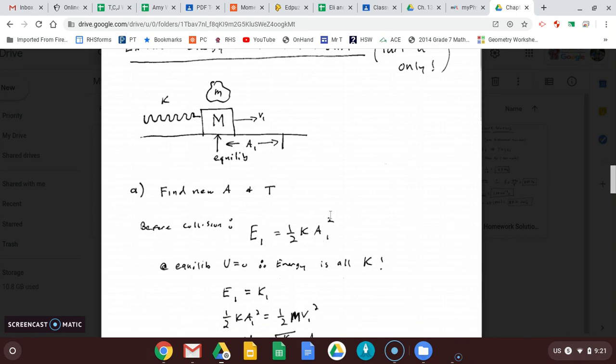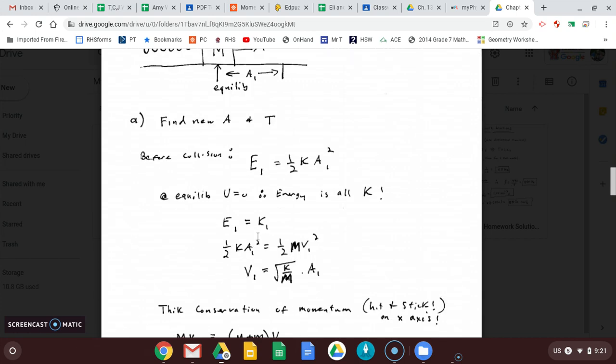And we know we're at the equilibrium position. Therefore, as I said earlier, the potential energy is 0, and that means the energy is all kinetic. So the total energy, which can be at any moment always described by that, is equal to just K before the collision, which I'll define as K sub 1. Okay? So I could set those two things equal, and that means the V at that moment would be equal to this expression.